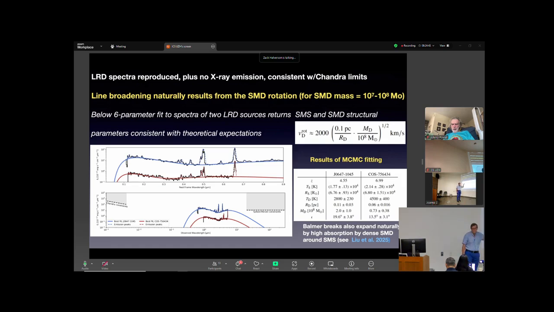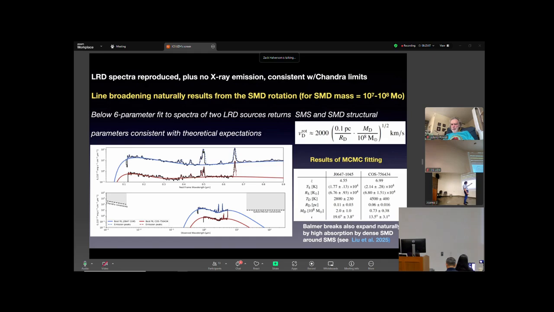The broadening of the lines, as you know, is one of the things that we need to explain for little red dots. Because here there is no black hole, we cannot invoke the broad line region. We cannot invoke any process associated with an AGN. So what we did is simply use this. Because the supermassive disk is a rotating disk, you can calculate the broadening based on the rotation.